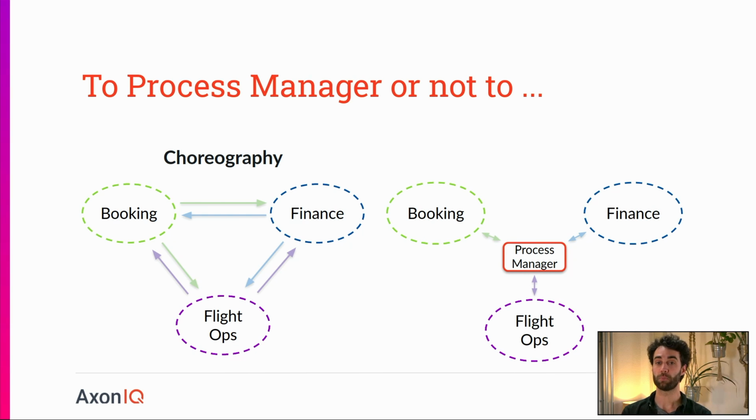What we've been sharing with the process manager, having a component in the middle, doing the communication between these models and or contexts, that's essentially orchestration. The process manager is orchestrating the steps from booking to finance, from finance to flight ops, and vice versa. Both are a good tool and both will work and help when you're constructing your complex business processes.